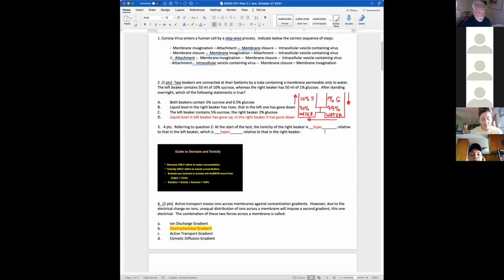Well, water is going to move from high concentration to low. So I always find it easier to draw a picture to help me visualize what's happening. But we know that the water concentration in the right beaker is 99%, whereas in the left beaker, it's 90%.